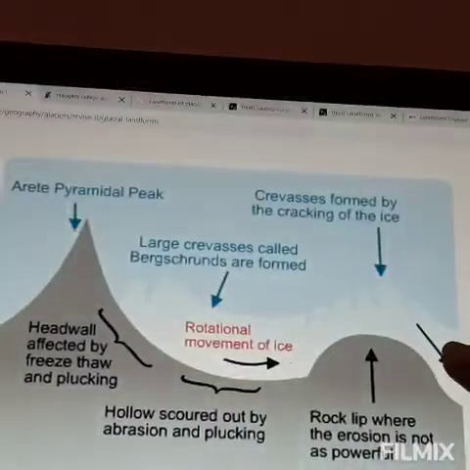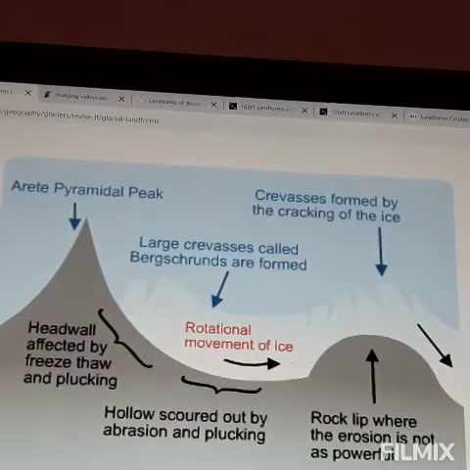So on the steeper slope you find this kind of action takes place. The crevasses in the direction of flow usually develop when a glacier becomes wide on leaving a narrow valley.